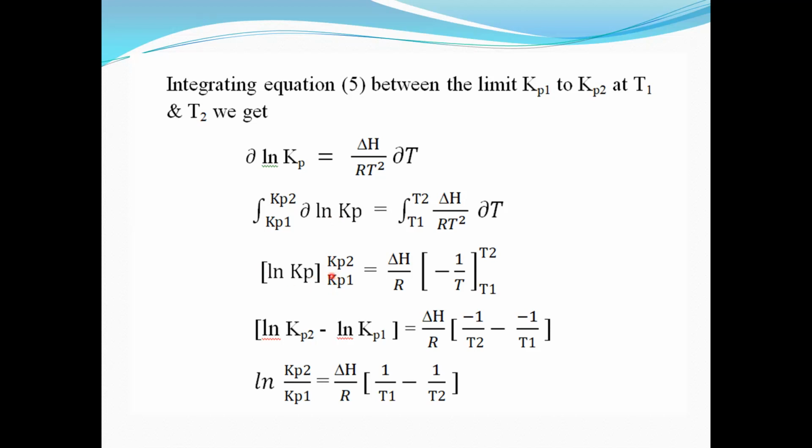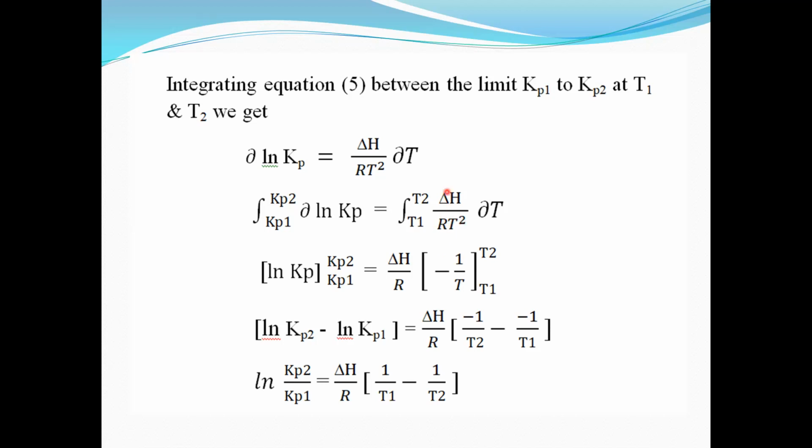Now here delta H and R are constant, so we can take them outside the integration, and what remains is 1 upon T square. What is the integration of 1 upon T square? It is minus 1 upon T. I have written it directly, remember that.